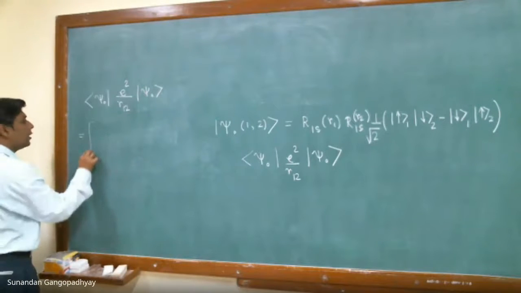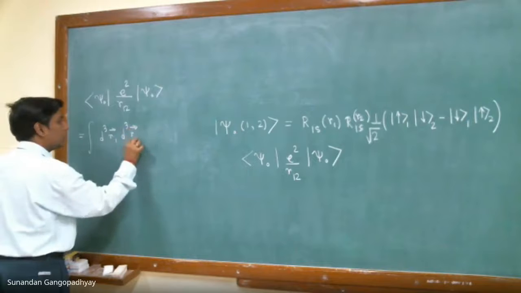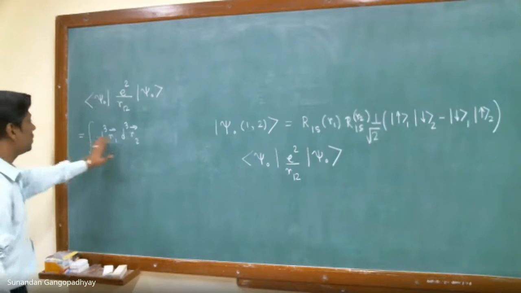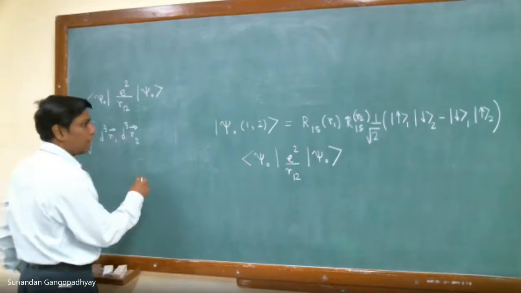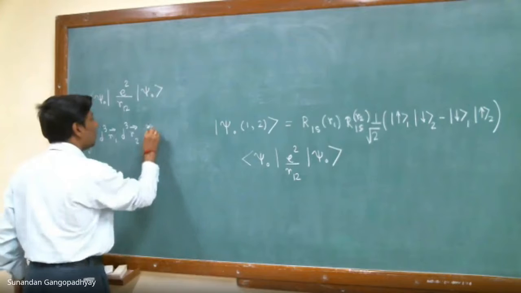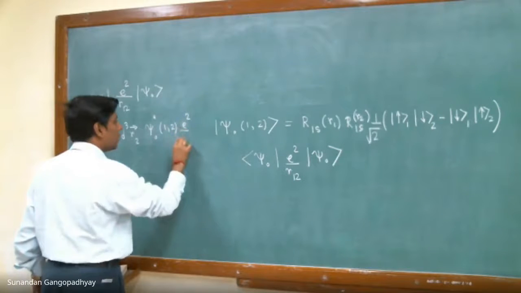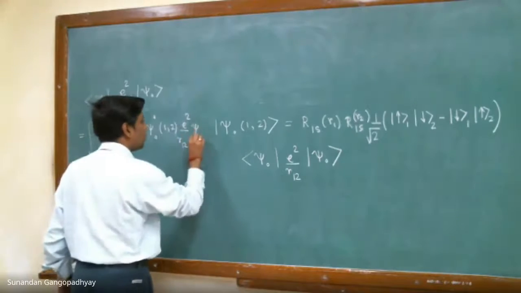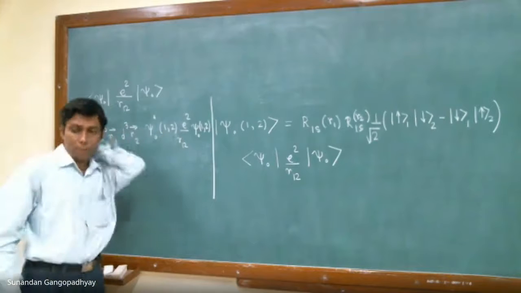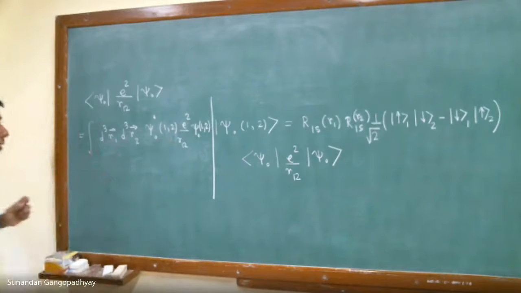And you can immediately write this down as d cubed r1 d cubed r2. You are basically inserting a complete set of position eigenstates, and if you do that, then what we shall finally get is psi star of 1 2, e square by r12, psi naught of 1 2, where this 1 2 is a compact notation that represents the coordinates as well as the spins of the particles 1 and 2.